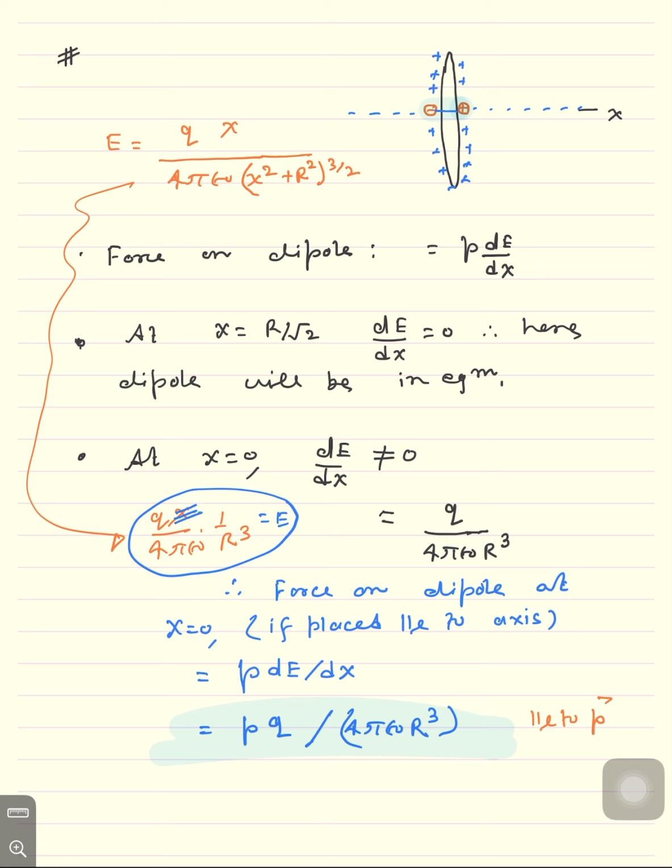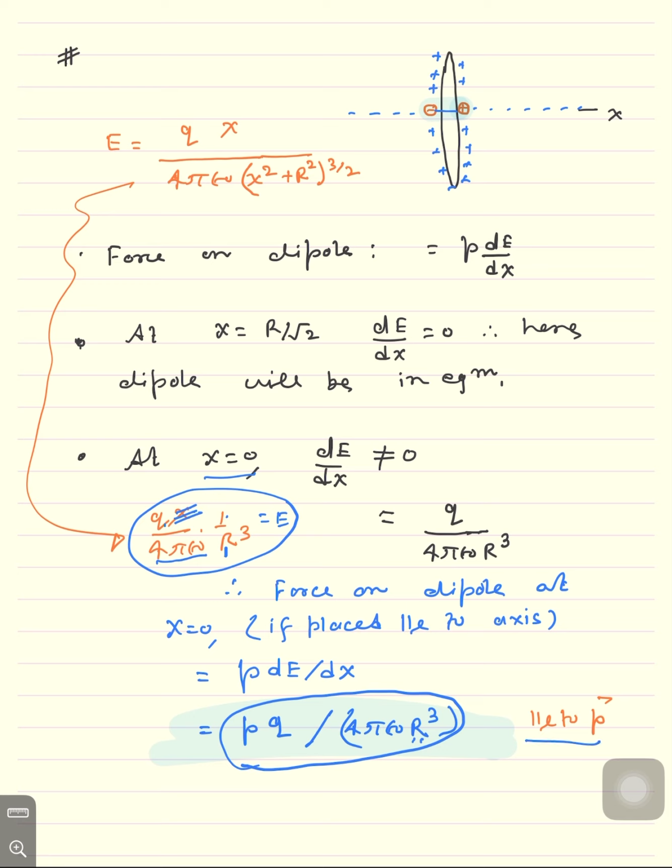We will get dE/dx as q upon 4 pi epsilon naught into 1 by r cube, at x equal to 0, and then just multiply by p. So the force will be pq upon 4 pi epsilon naught r cube, and this force will obviously be parallel to the p vector.